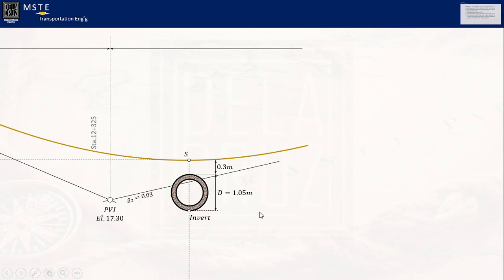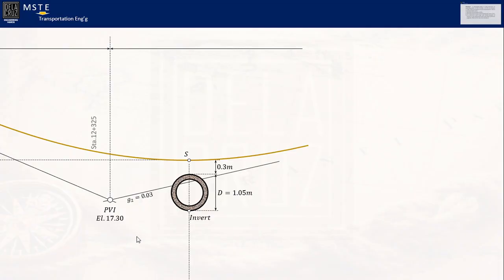Okay? So, basically, we can just calculate the elevation of the invert, that is elevation of the S minus 0.3 meters, 30 centimeters yun, no? Convert to meters, minus 1.05 meters. Okay? Or 105 centimeters.